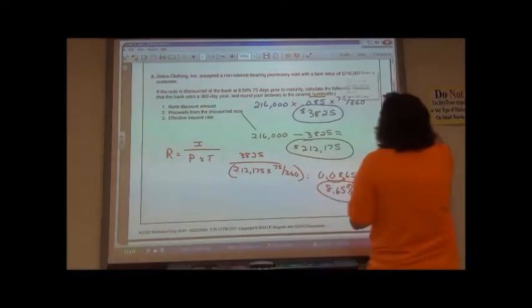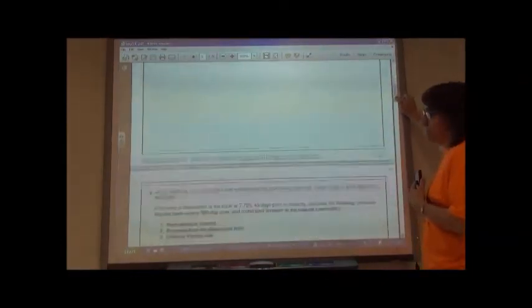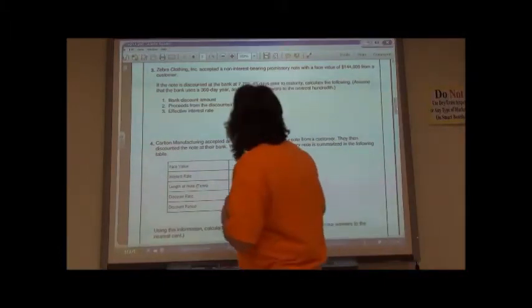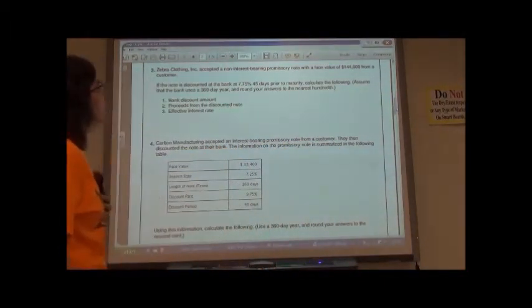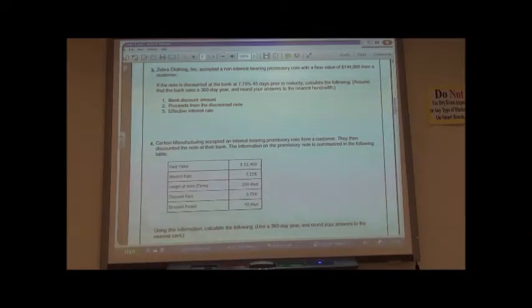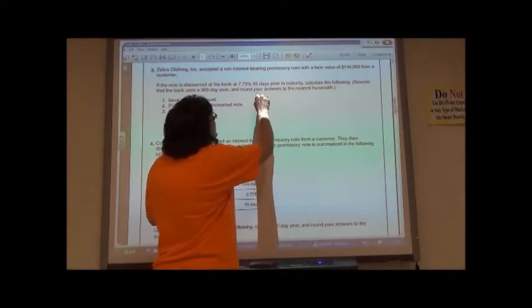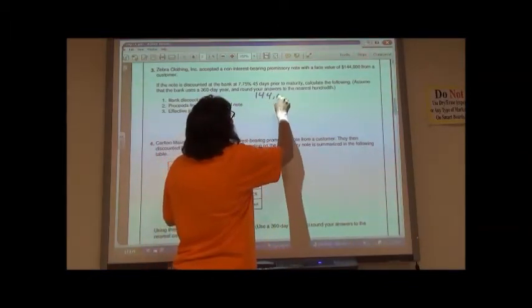And one more of those. Zebra Clothing Incorporated accepted a non-interest-bearing note with a face value of $144,000 from a customer. If the note is discounted at the bank at 7.75%, 45 days prior to maturity, calculate the following. So my bank discount amount, it started with a face value of $144,000.